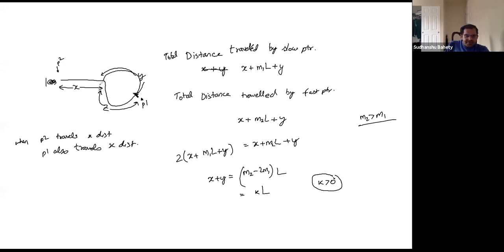So when P1 travels X distance, it will complete full lengths of the cycle, because X plus Y should be some multiple of the length of the cycle.